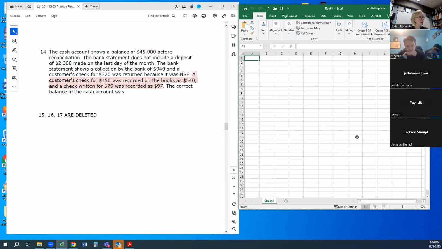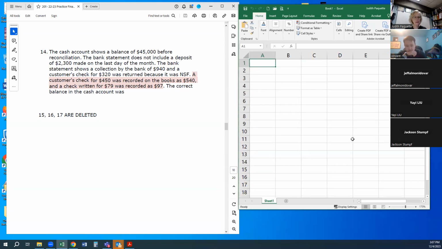So what I said this morning is, unlike the multi-step income statement and the classified balance sheet, where we have a really prescribed statement format, where the first line is the company name, the second line is the name of the statement, income statement or balance sheet, and the third line is the appropriate date format, for the bank reconciliation, I'm not as picky about that.